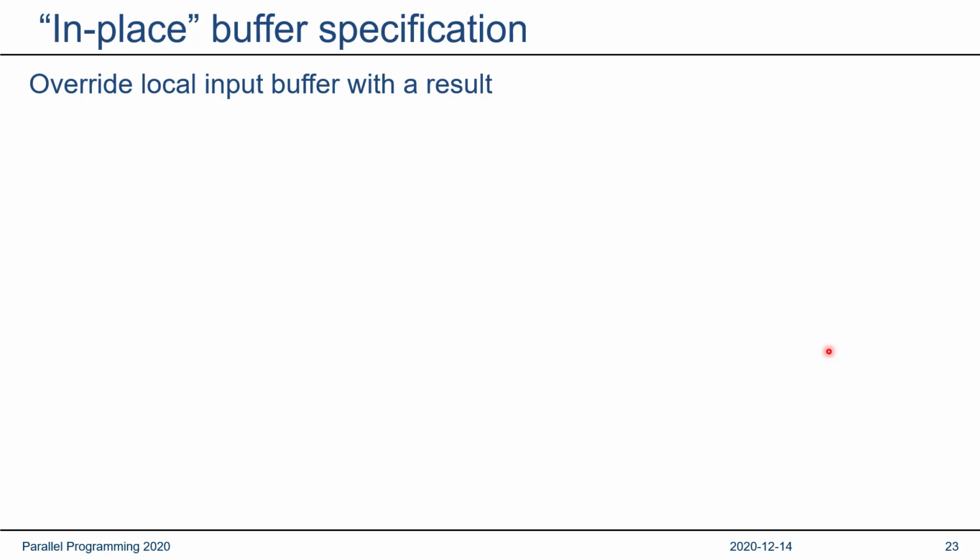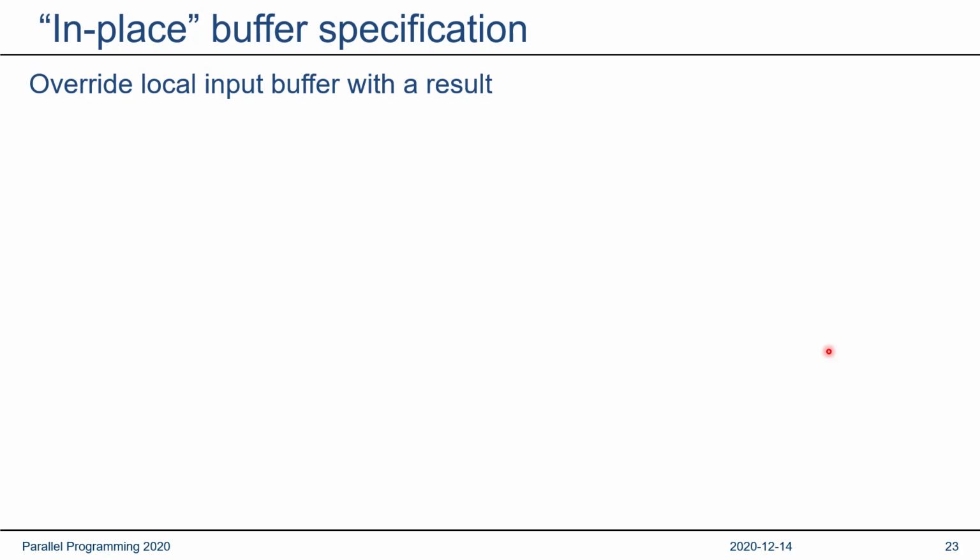Now, I already mentioned that sometimes it may be necessary to supply a buffer argument where it's not actually needed. We have covered a couple of calls where one of the buffer arguments is not needed for anything. You could supply a null pointer, for example. This is one solution, but there are also cases where the local input buffer should be overwritten with a result.